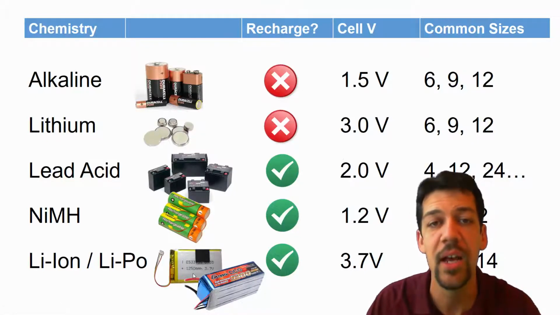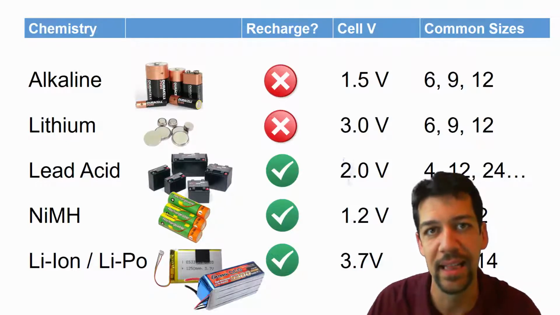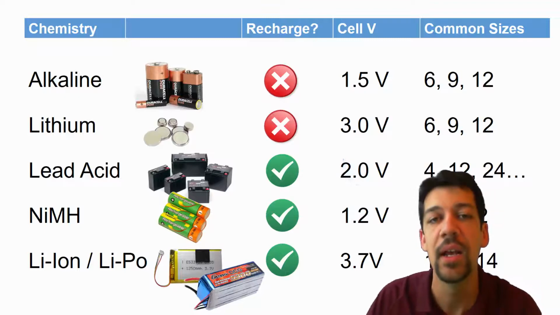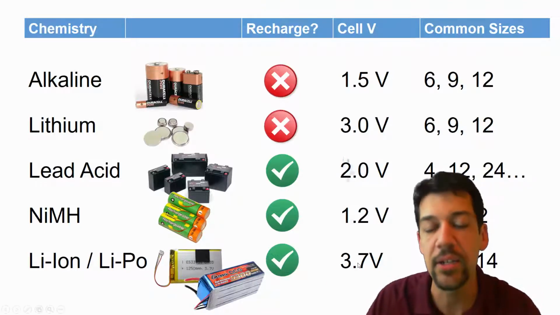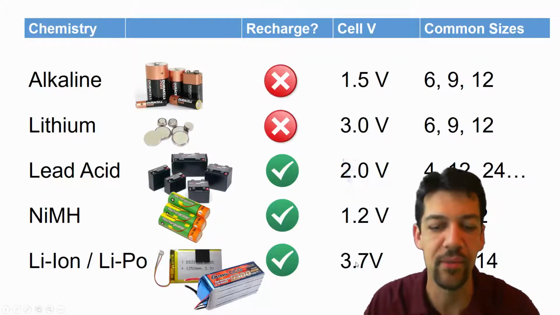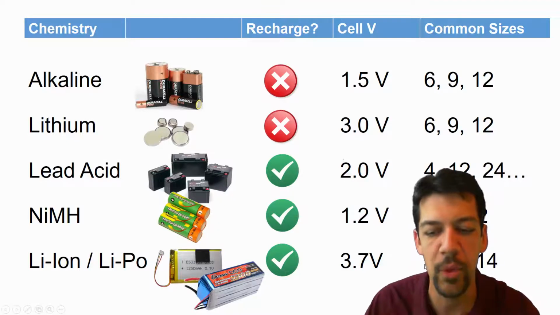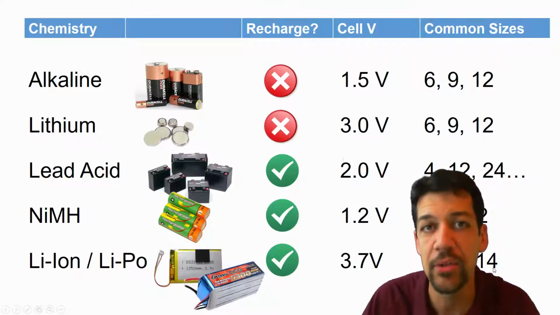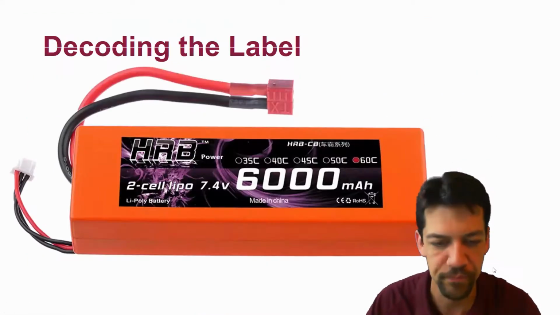They're still expensive, but because they're so high energy density and lightweight, they're used in lots of different devices. And because they're used in cell phones, they're getting cheaper and cheaper just because of the economy of scale of production. Their typical cell voltage is 3.7 volts. So we get a lot of weird arrays of batteries that end up with numbers like 11.1 and 14 volts. But those are the common numbers for lithium ion or lithium polymer batteries.